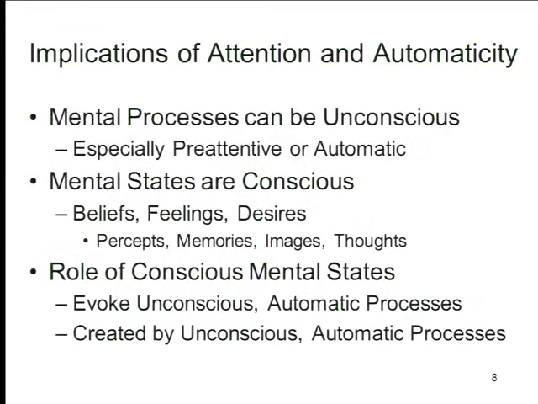In the automaticity literature, the implication is that the mental contents that these processes operate on are themselves conscious, or at least accessible to consciousness. If you think about John Bargh's ideas about automaticity, you have a conscious mental state. You consciously perceive something that automatically evokes some process that turns into some other conscious mental state. That's the general idea. The question now is different.